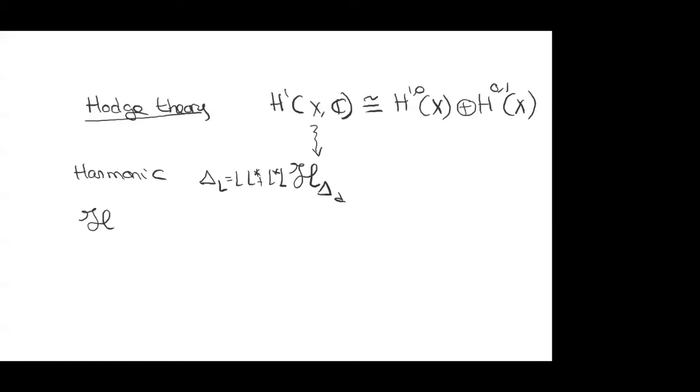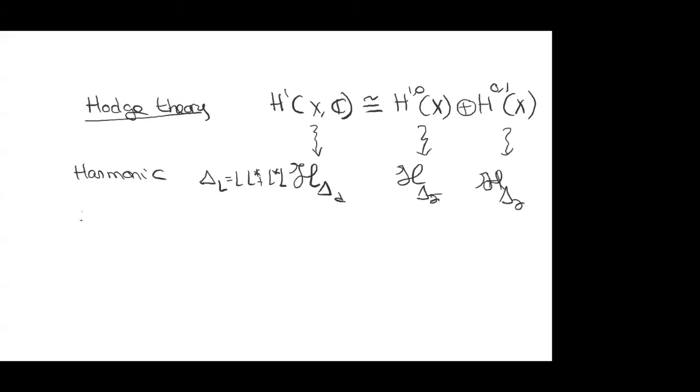Here I'm assuming I've chosen a metric for now, let's say the Kahler metric on the curve. But it could be a metric on the bundle. It will be in a second. And here as well, we can choose harmonic representatives, harmonic for the delta operator.